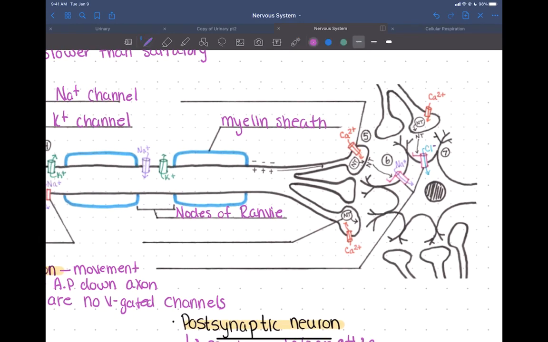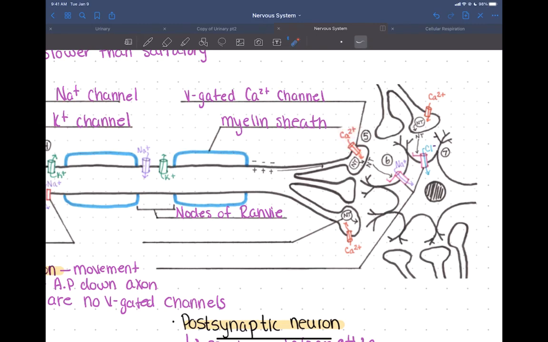In our axon terminals, and this is going to be very familiar from our neuromuscular junction, we have voltage-gated calcium channels. And so when that action potential travels all the way down the axon and reaches these axon terminals, these little bulbs, they're going to open these voltage-gated calcium channels.